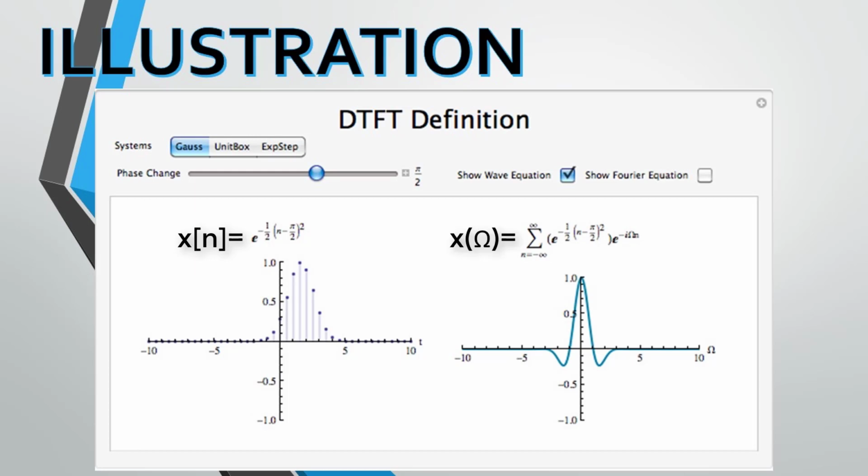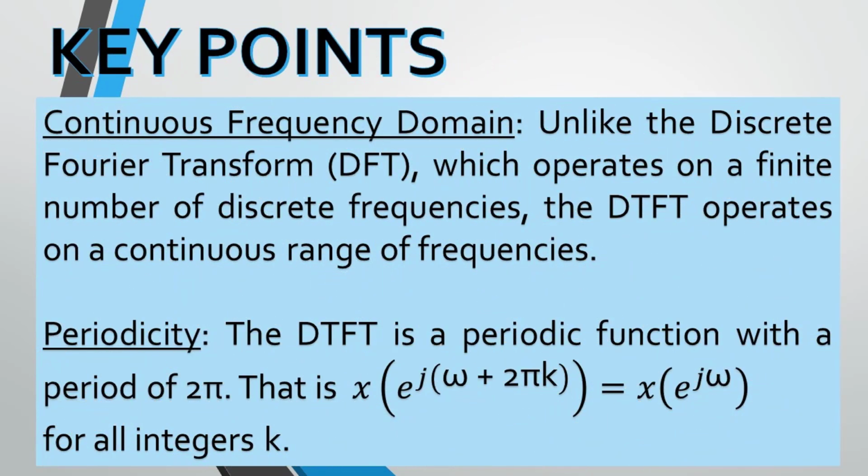X of omega represents how much of each frequency component is present in the signal x of n. It is a complex valued function, which means it provides information about both the magnitude and phase of each frequency component. These are the basic key points about DTFT.